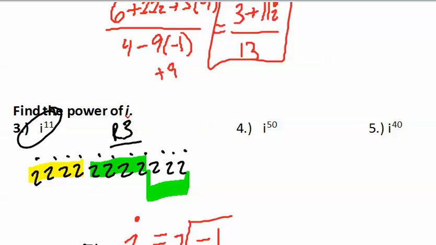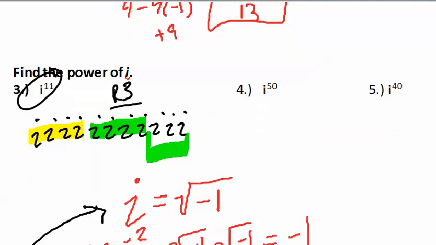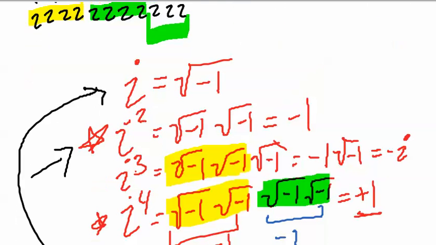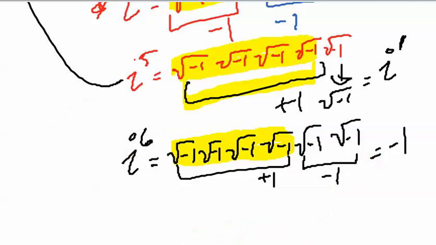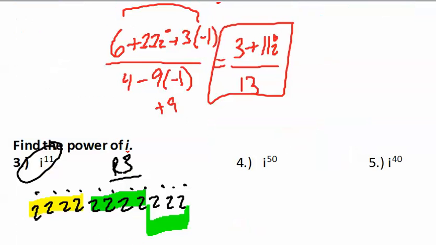Sorry, I was thinking of 12. So the remainder is 3. Then you just think about what is i to the 3rd. You go back to that chart and say, okay, i to the 3rd equals negative i. So i to the 11th reduces down to negative i.